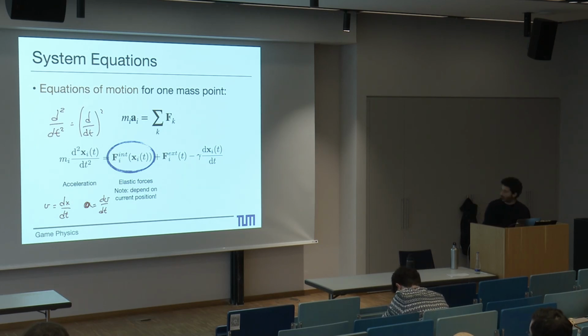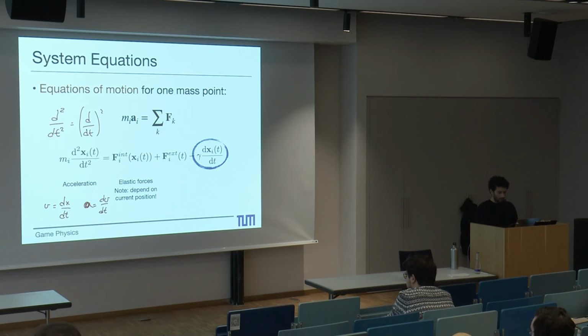Internal forces. So we said that they depend on the current position, in the sense that we need to compute the deformation of the other springs with respect to the current point, in order to understand what is the force acting on our individual point.